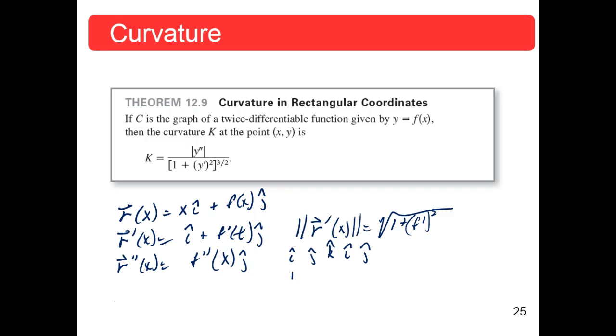Seems like there should be an easier way to do this, but this is how they sort of skip this step. They just say it is, but let's go on and do it.